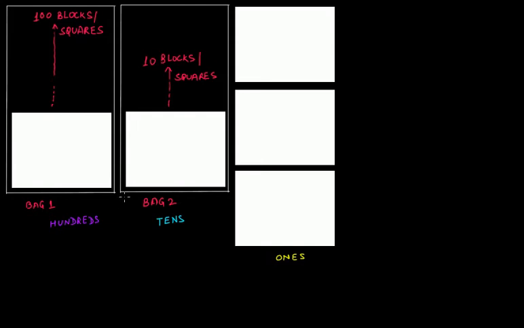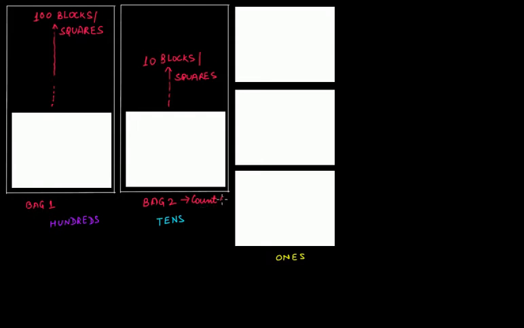Fine. Assume that this tens bag, that is this bag 2, you have 5 such bags. How many bags? You have 5.